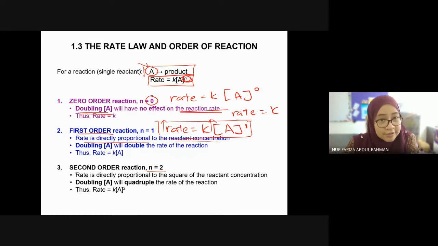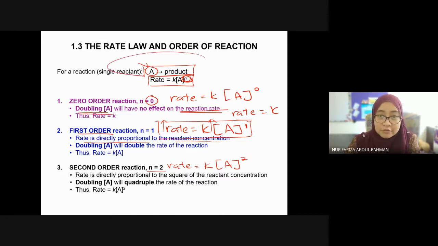About second order, so second order lagi dahsyat lah kan. Second order reaction, n is equal to 2. Rate is directly proportional to the square of the reactant concentration. Maksudnya if we were to write the rate law, how do we write the rate law? Okay, don't forget the rate. If you are asked to write the rate law, you have to write rate is equal to k A kuasa 2.